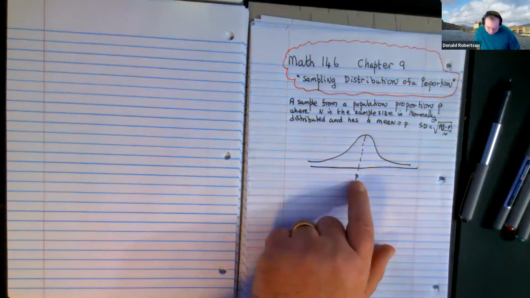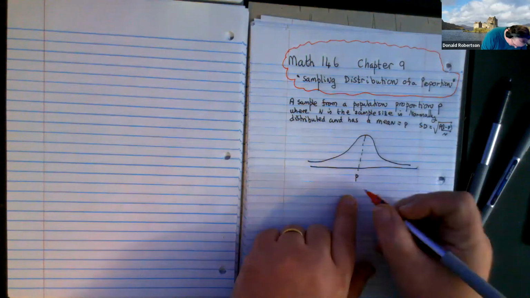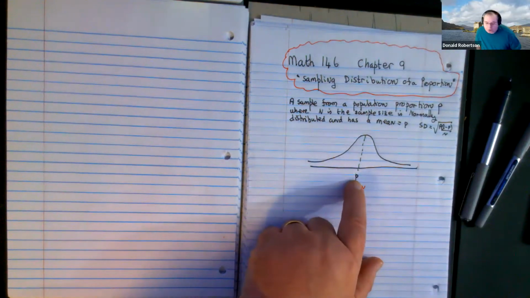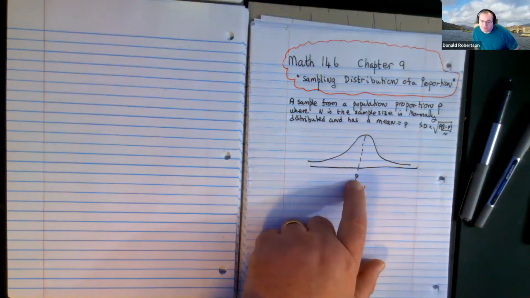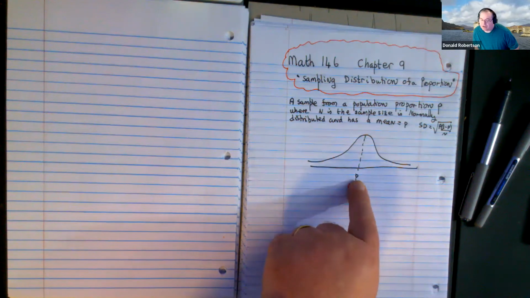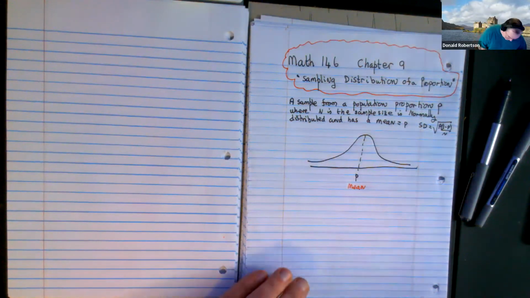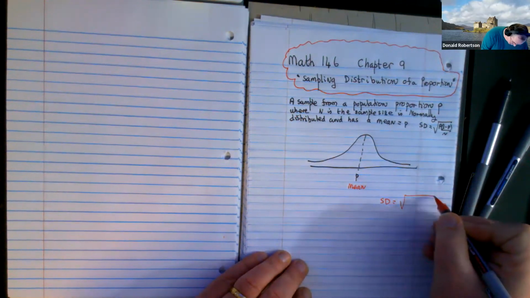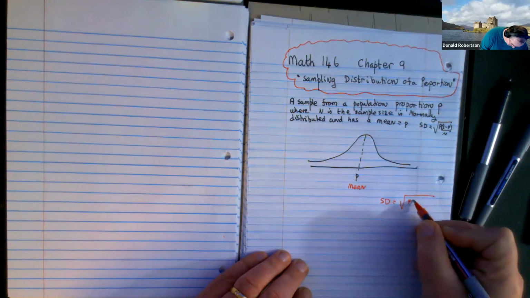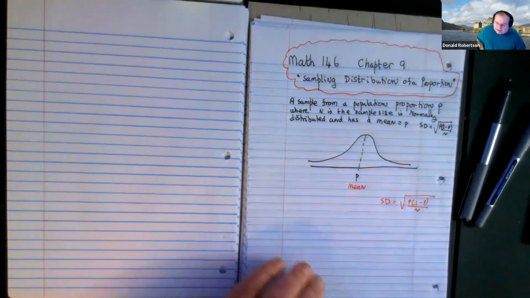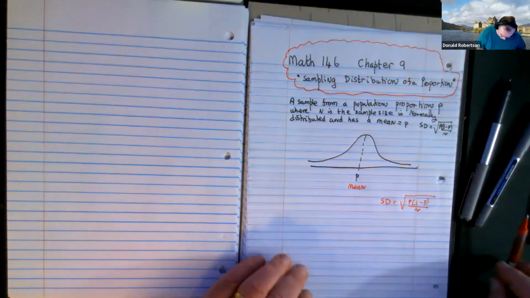The mean of it, right here, will be the population proportion P. In other words, if you could ask everybody, that would be the percentage that said yes to your question. And the standard deviation of this distribution is the square root of P(1 minus P) over n, where n is your sample size.